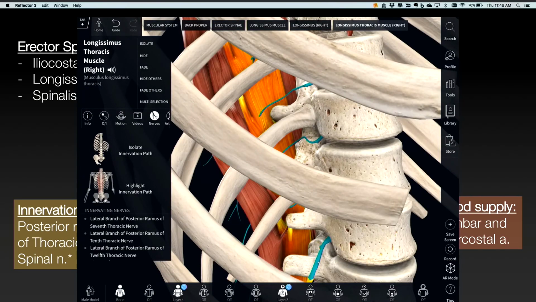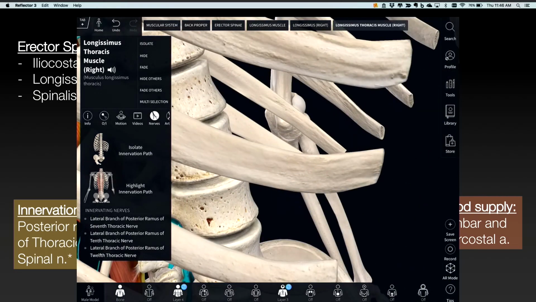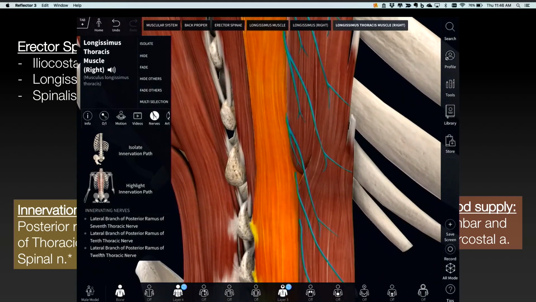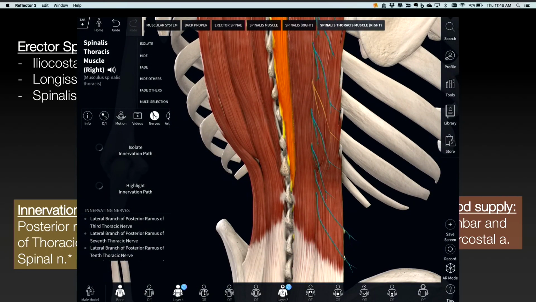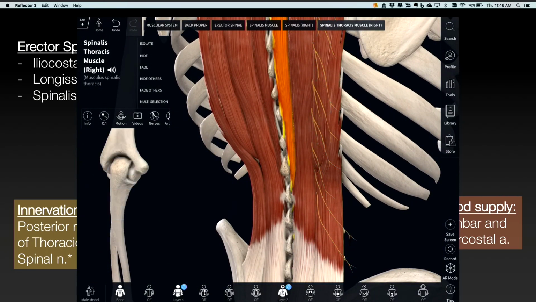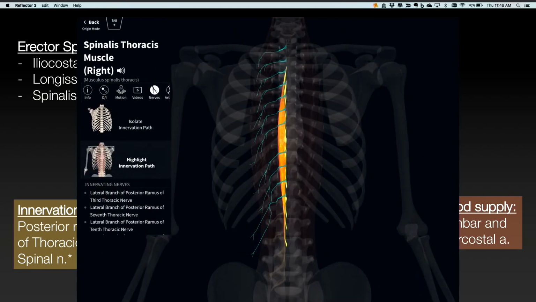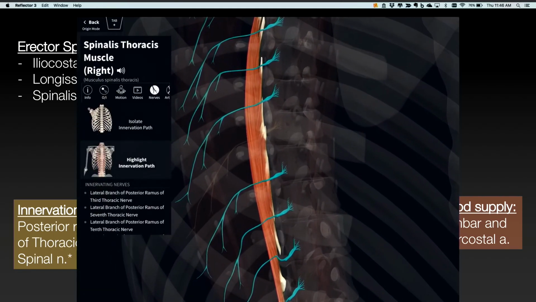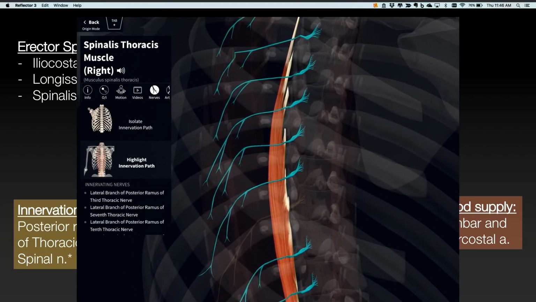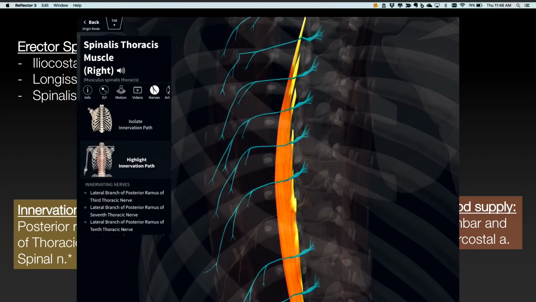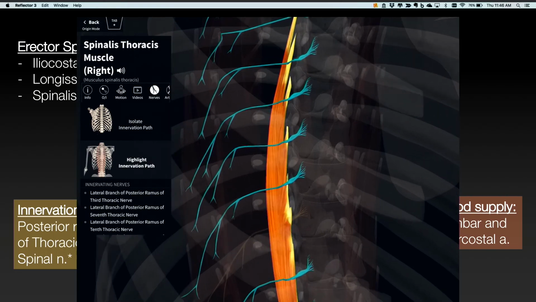And so the posterior rami, all the way up the spine, have that job, are tasked with innervating longissimus. If you're curious, say, oh, he cherry-picked longissimus. Let's take a look at the nerves of spinalis. Same nerves. Posterior rami, we have a bit more dispersion superiorly because it extends a bit further up.